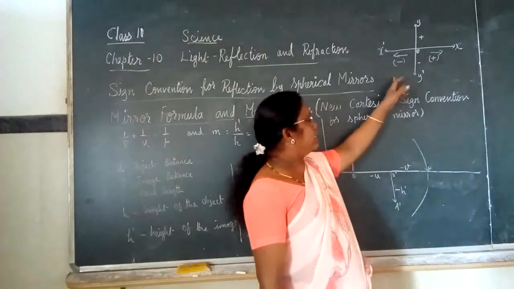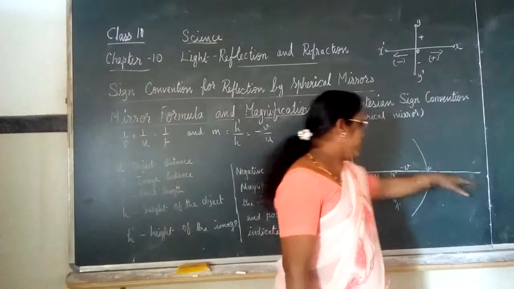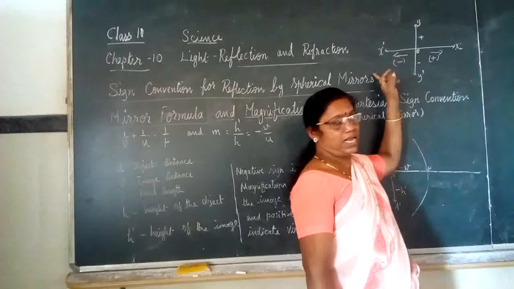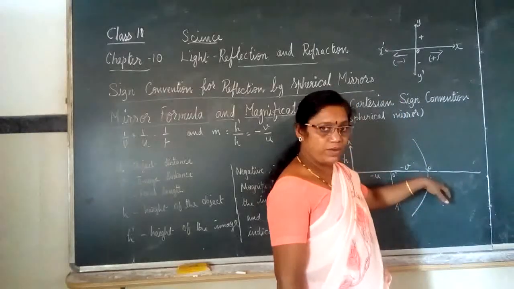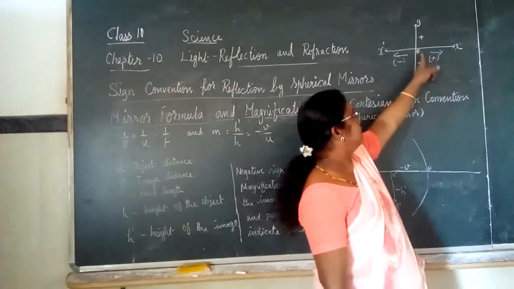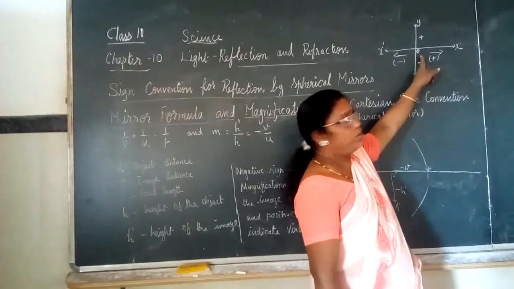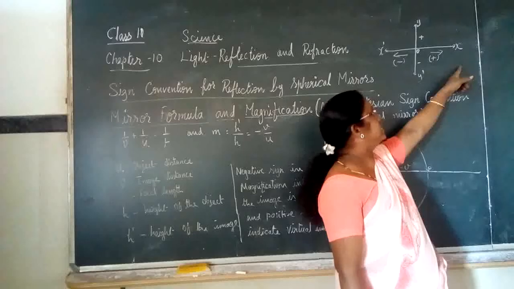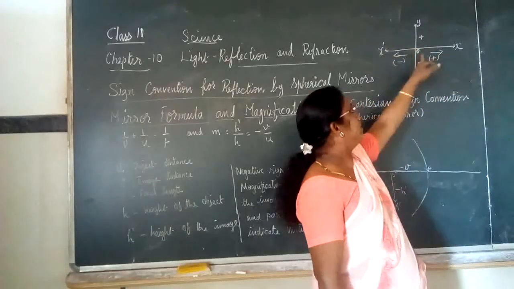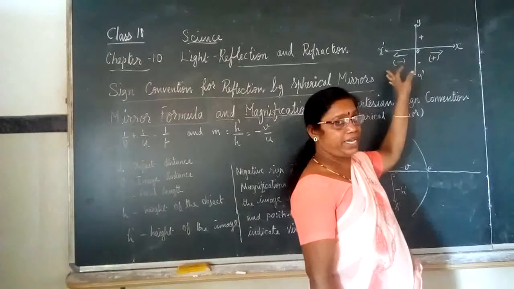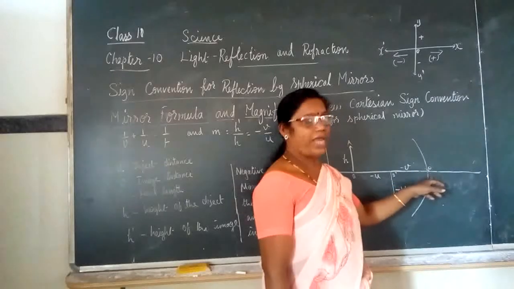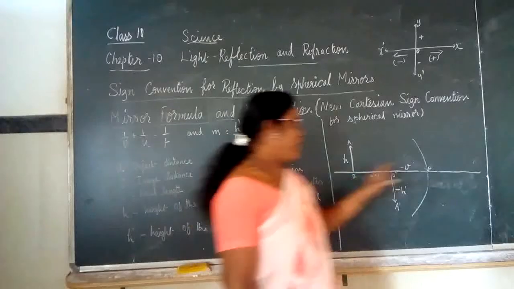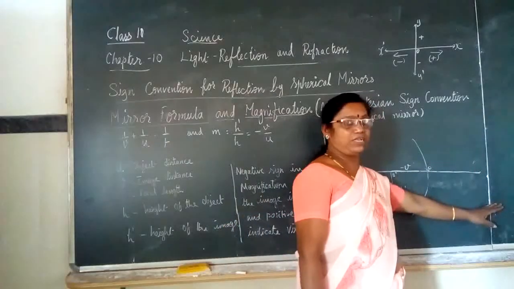In a Cartesian plane, the principal axis is considered as the x-axis and the pole of the mirror is considered as the origin. Here we have P as the origin. The left side is taken as negative and the right side is taken as positive.